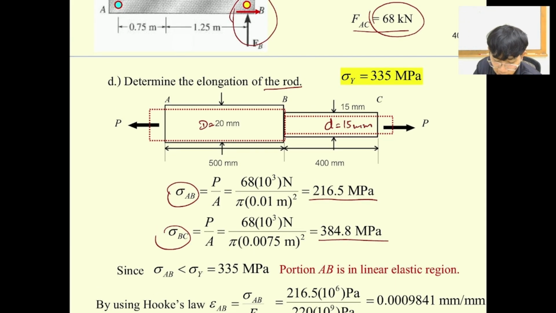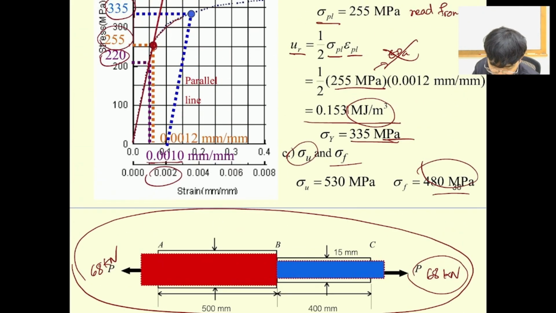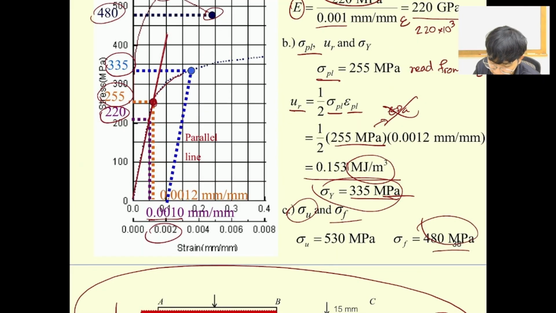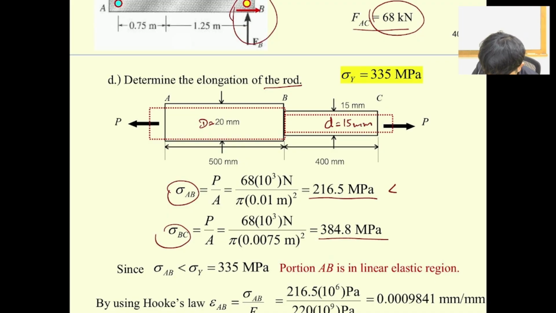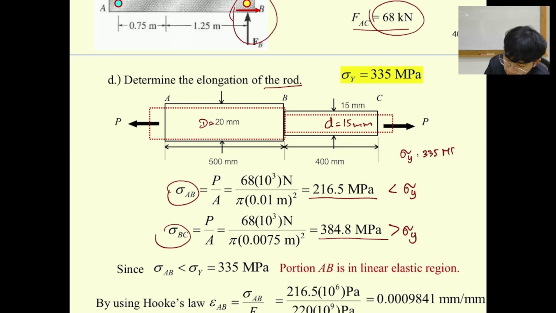And then if we look at the rod AB, the yielding stress is 335. Okay, so this one is less than sigma y. This one is larger than sigma y. Which one is elastic and which one is plastic? Sigma y equal to... is the rod AB in plastic or elastic?